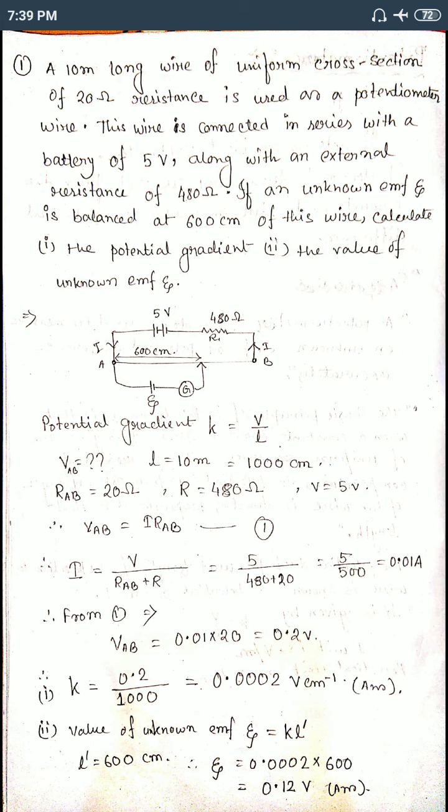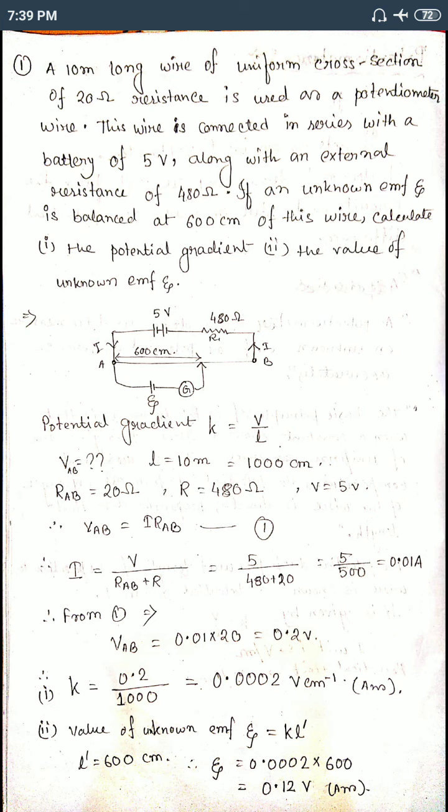If we apply Ohm's law, VAB equals I into RAB. Here we do not know the value of I. So first of all, I, the total current in this circuit, will be the same everywhere. So I equals V by R, where V is the supply voltage, the EMF of the battery, divided by the total resistance.